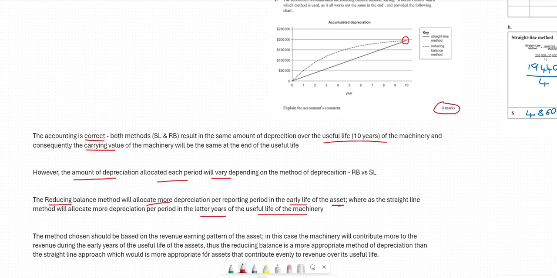So therefore, the rationale should be, let's go with the reducing balance approach. It's a more appropriate method for machinery as opposed to the straight line method, which you would use if there was an even contribution to revenue over the useful life of the asset.